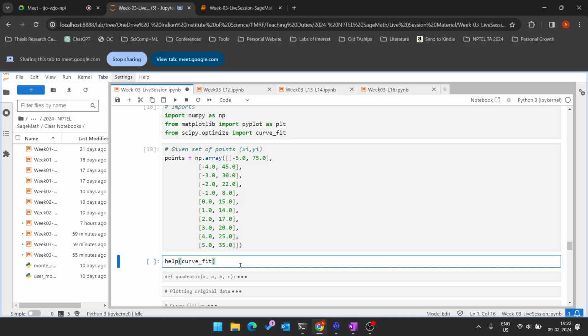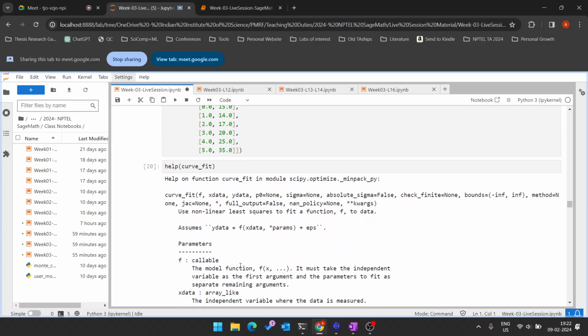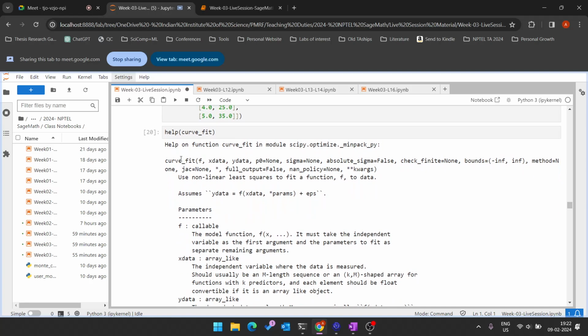But before that, let's do a quick look into the curve fit function. As you can see, curve fit takes a number of inputs, but the most important ones, which are required, are your function f, which has information about what sort of function we want to curve fit, your x data and your y data.